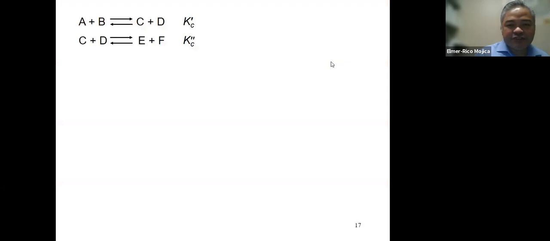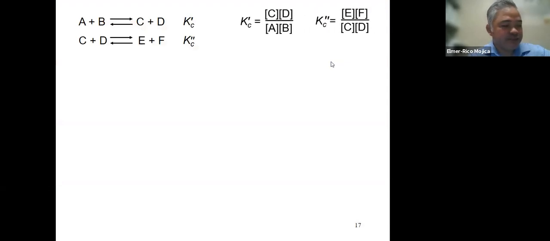The next thing that we're going to do is see what happens if we manipulate the chemical equilibrium. One manipulation is what if we have a series of reactions.